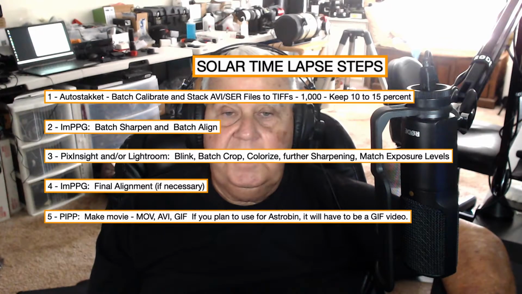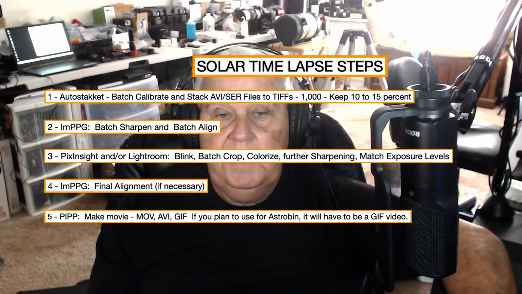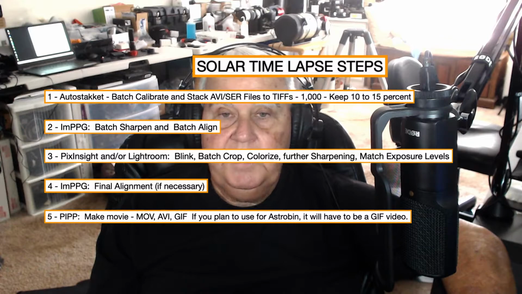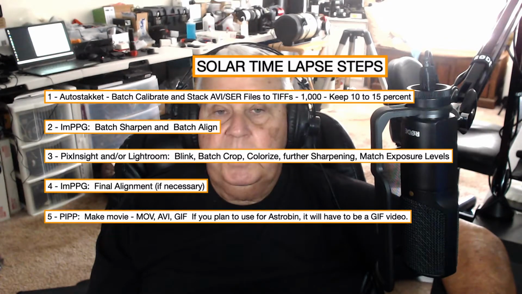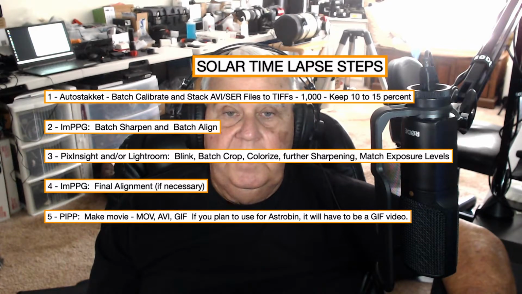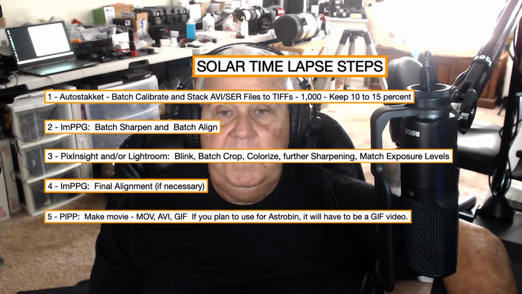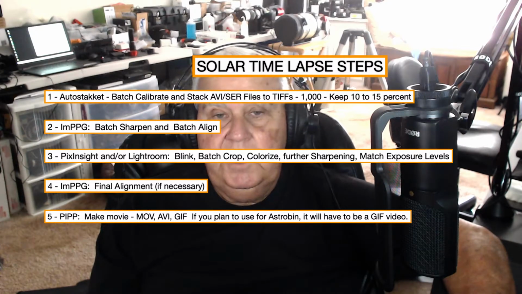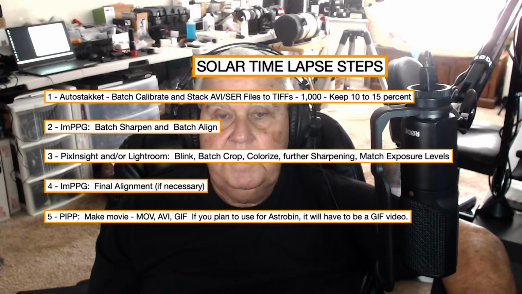And again, based on scene, I will up the frames the poorer the scene is. And the reason for that is that if I'm going to keep 10 or 15% of 1,000, I'm going to get the very best in the poor scene that my camera and telescope are capable of resolving. And if the scene is exceptional, then I can keep 10 to 15% of 200 or 300 frames and get an equally good TIFF file from Autostakkert.